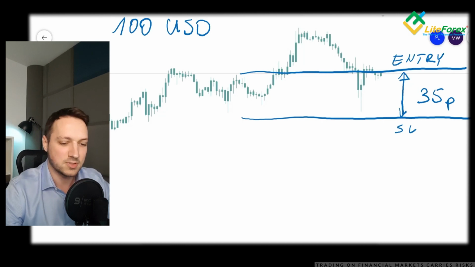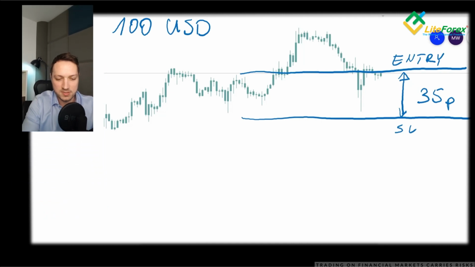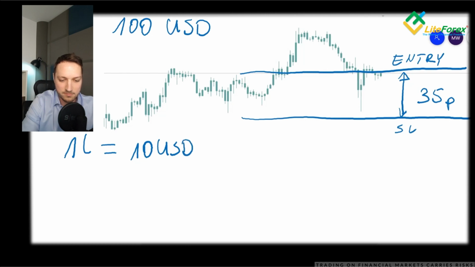As a big shortcut, I will tell you that one lot equals $10 per 1 pip, which in our situation, 35 pips, would mean $350, right?